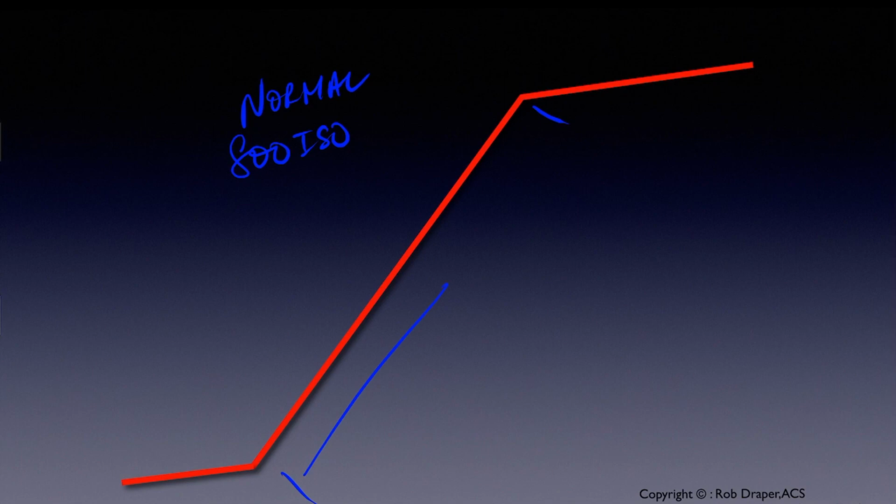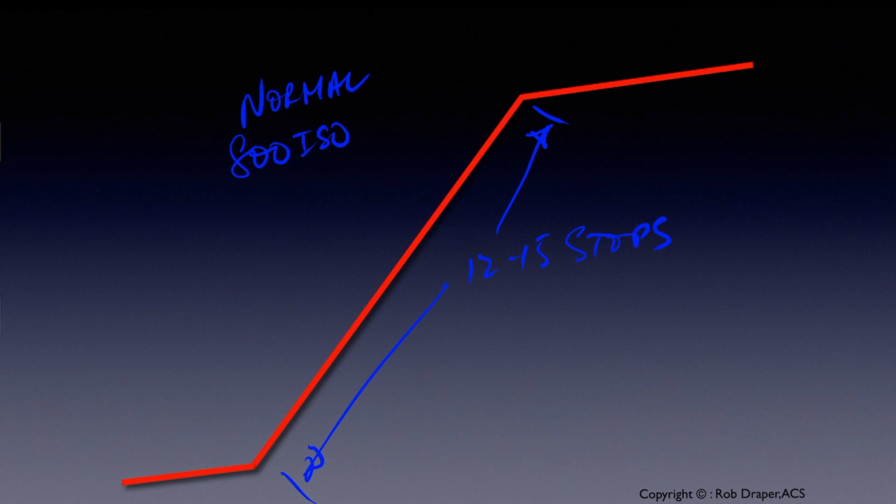So first off, let's look at the characteristic curve. The curve you see here is basically, we'll call that a normal curve. And let's say that's for a camera with an 800 ASA ISO setting and with about 12 to 15 stops of dynamic range. So we see there's the flat part at the bottom, there's the straight line portion, the flat part at the top.